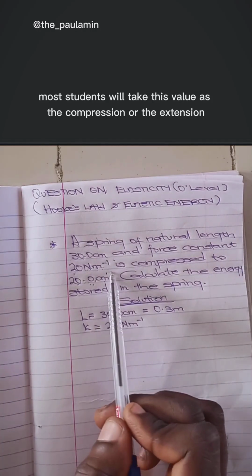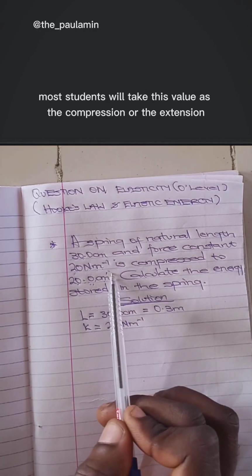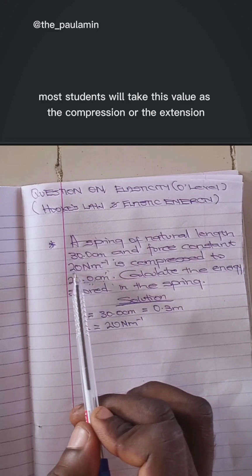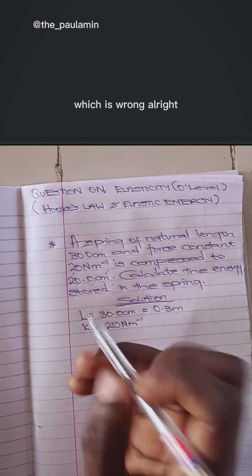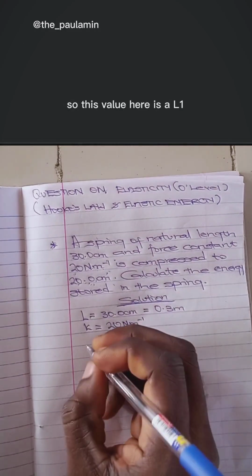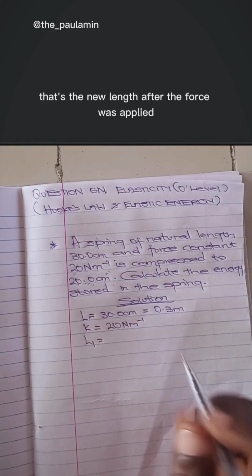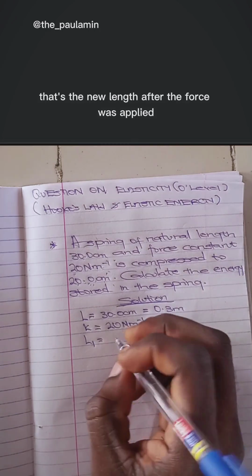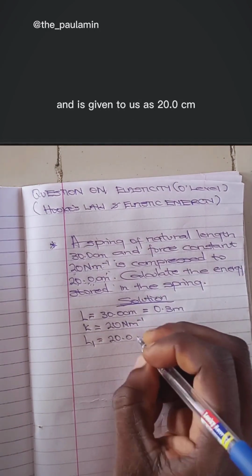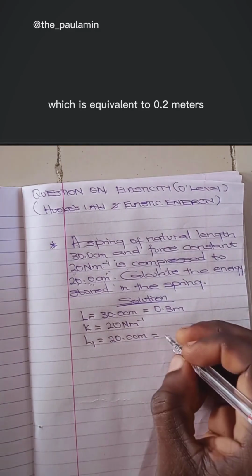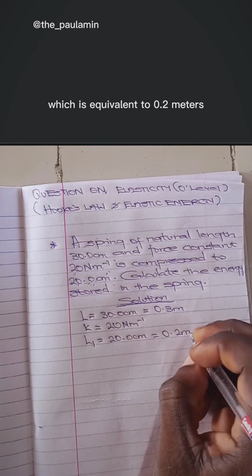Most students will take this value as the compression or the extension, which is wrong. All right, so this value here is L1, that's the new length after the force was applied, and it's given to us as 20.0 centimeters, which is equivalent to 0.2 meters.